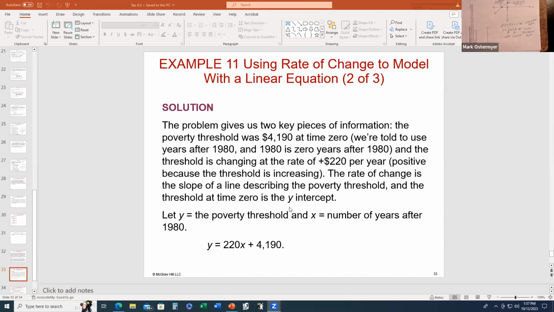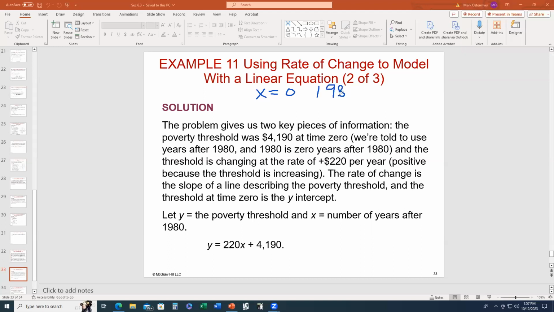Okay, so what does that mean to let x be the number of years after 1980? If x is equal to 0, what year is it? If x represents the number of years after the year 1980, if x is 0, what year is it? 1980. 1980 is x equals 0. Now, if x equals 1, then what year is it?